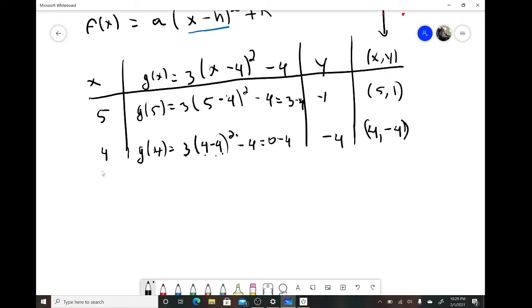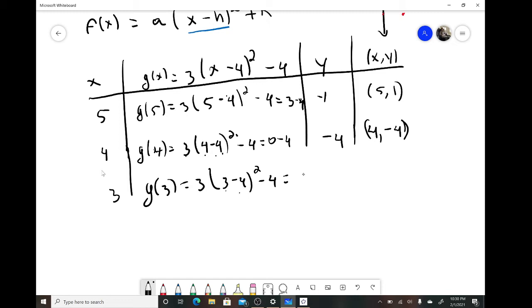And finally, a number smaller than 4 will be 3. So we have g of 3 equals 3 times (3 minus 4) squared minus 4. Well, 3 minus 4 is minus 1. Minus 1 squared is 1. 3 times 1 is 3.